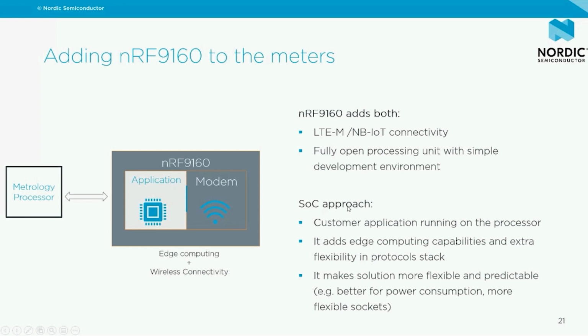There are two ways of using the 9160. I'm going to first talk about the system-on-chip approach, where your application is running on the application processor in the 9160. Here you add edge computing capabilities, and you add a lot of flexibility when it comes to protocol stack, if you want to support different protocols, or deploy different versions of your product with different protocols, but built with the same hardware.